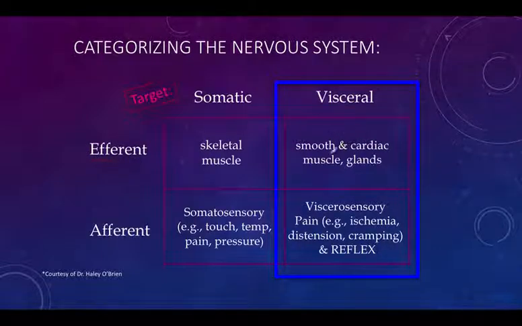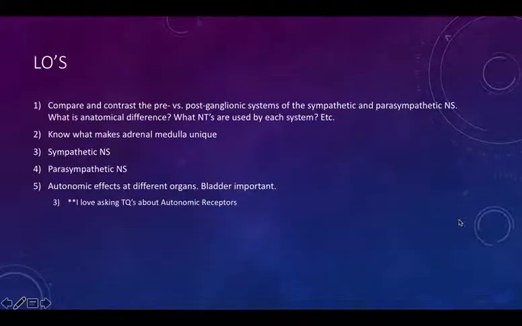It goes to the smooth and cardiac muscle and glands, and then afferent is input back into the central nervous system, giving it information about what's going on. That comes in the form of pain, for instance. Abdominal distension always goes back up via the vagus nerve and tells the brain what's going on. So just big picture stuff to keep in mind.